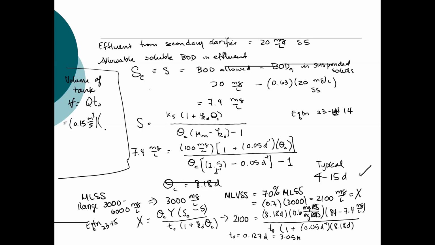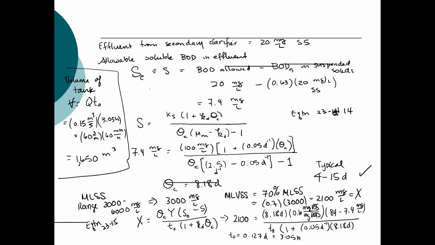Times 3.05 hours times 60 seconds per minute, 60 minutes per hour, and that is equal to 1,650 meters cubed.